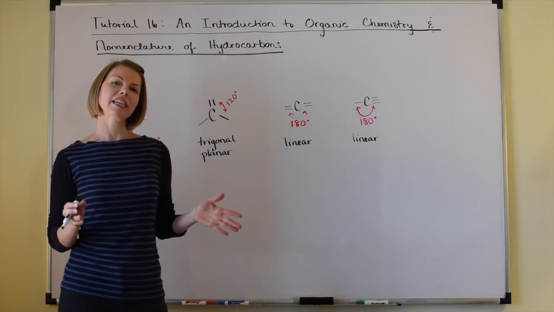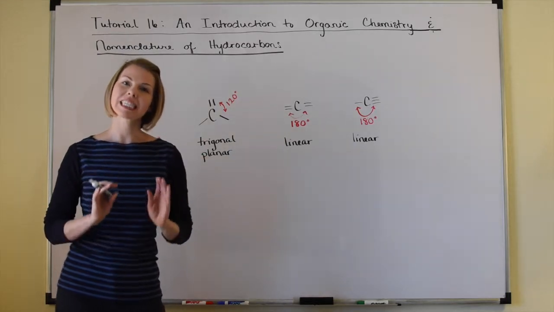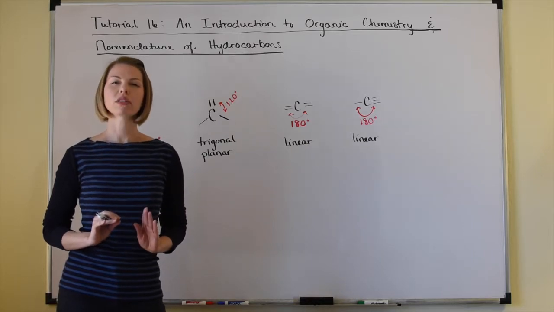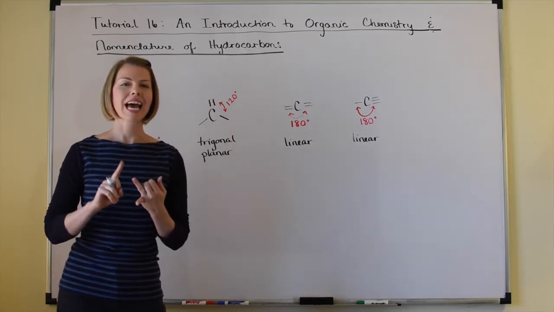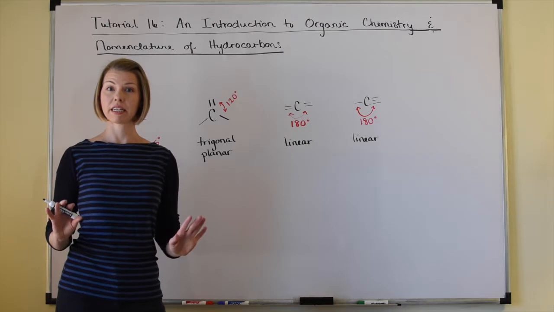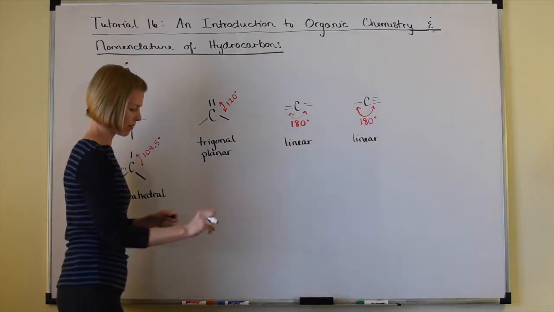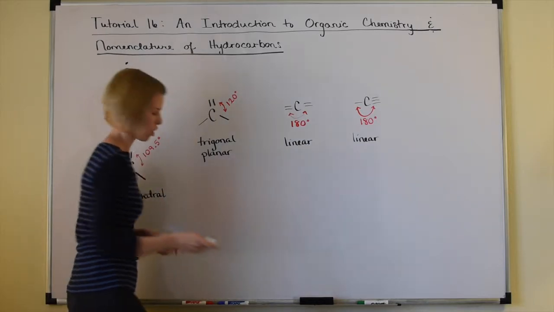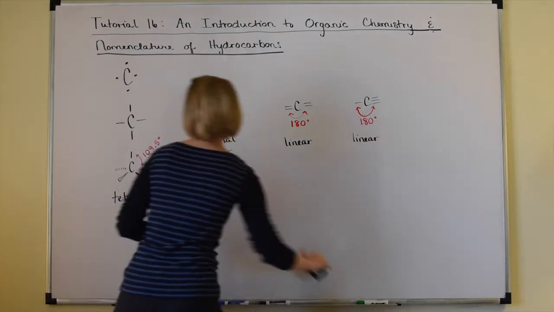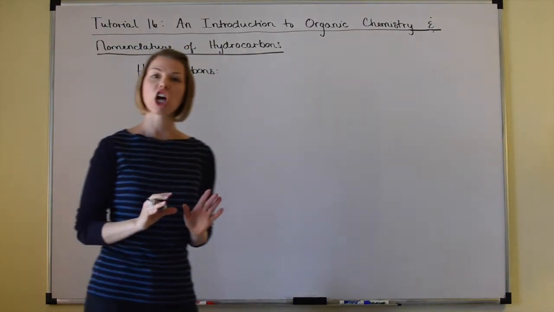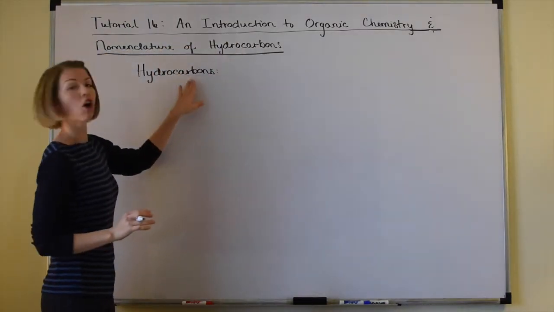So we're going to go ahead and start with the simplest type of organic molecules, those that contain carbon and hydrogen only. These are called hydrocarbons. So let's go ahead and erase here and talk about hydrocarbons. So hydrocarbons, again, contain just hydrogen and carbon.